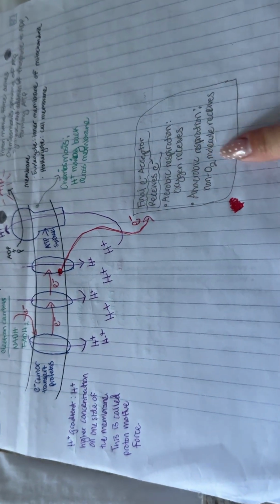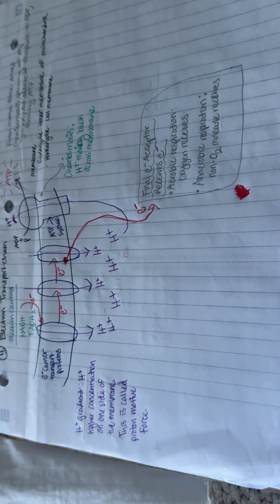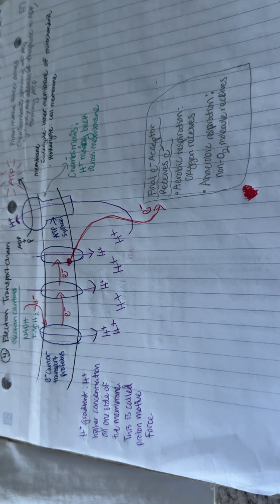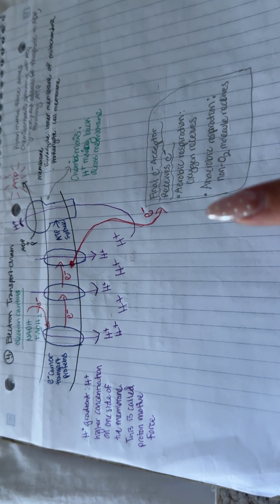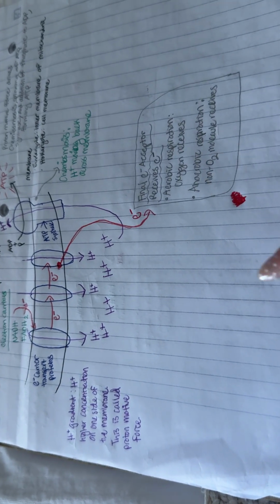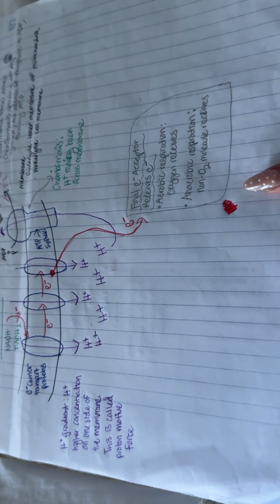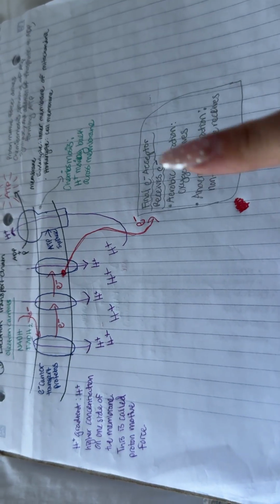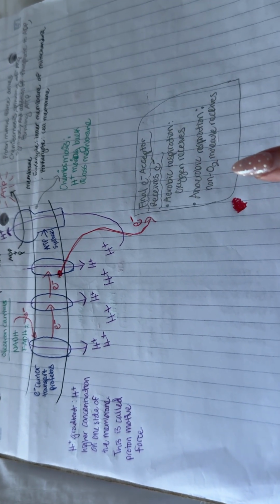And the final electron acceptor is a molecule that will receive the electrons. If this is aerobic respiration, then oxygen is the final electron acceptor, and it receives the electrons and becomes water. And if it's anaerobic respiration, a non-oxygen molecule will be the final electron acceptor.